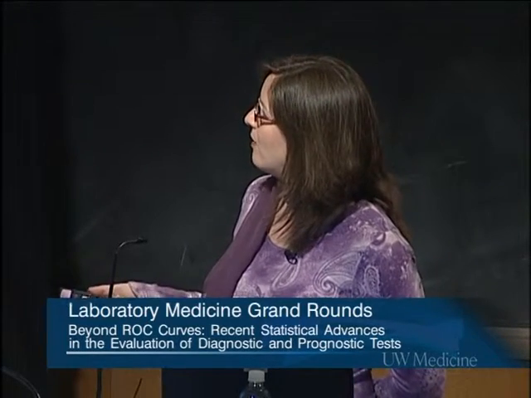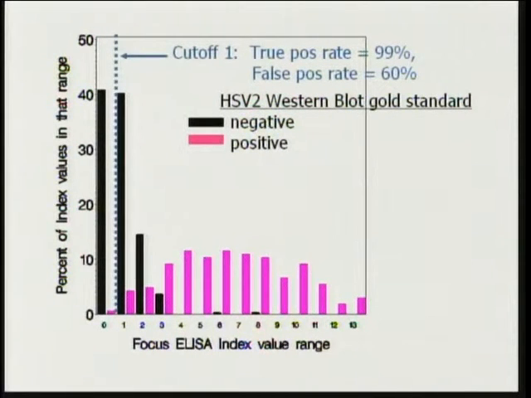If we picked a cutoff way over here on the left, you would get a great true positive rate. Most everybody in the pink bars falls to the right of that blue line, and they would be classified as positive based on ELISA. But only 40% of people who are truly seronegative are below that point, so we actually have a false positive rate of 60%, which is pretty substantial.